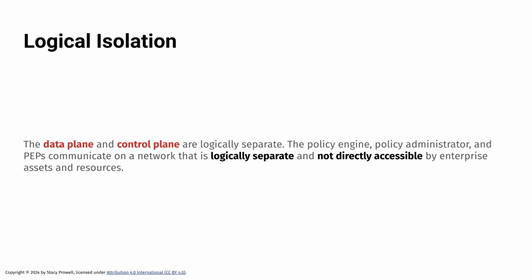The policy engine, the policy administrator, and the PEPs, policy enforcement points, communicate on a network that is or should be logically separate and not directly accessible by enterprise assets and resources. Logically separate is different from physically separate. I'm not saying you got to pull a bunch of new Cat 5 in the walls. We can make them logically separate by having that traffic ride over the standard network using its own encryption.